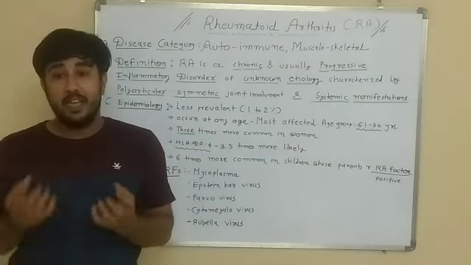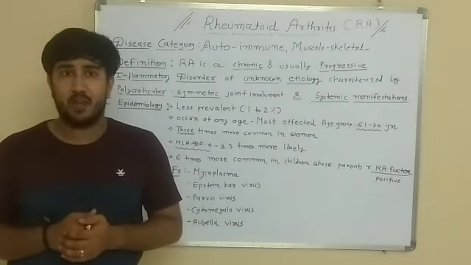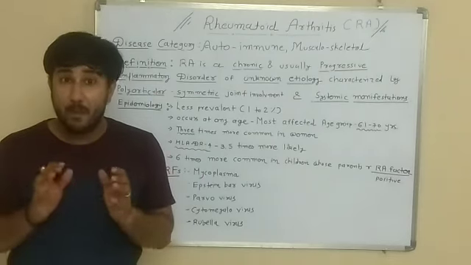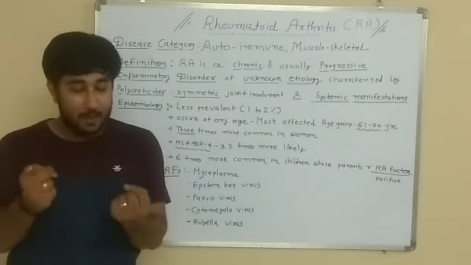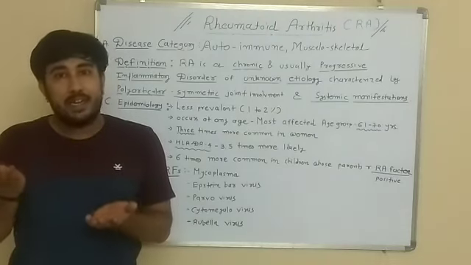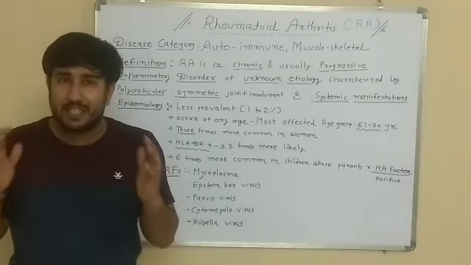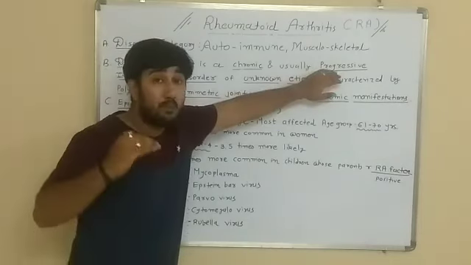Very important. Initially, whenever the patient is diagnosed with or affected by rheumatoid arthritis, the patient has very mild to moderate pain in the joints and muscles, but gradually it increases, and at a very later stage it can be very severe, and that is why it is known as progressive.